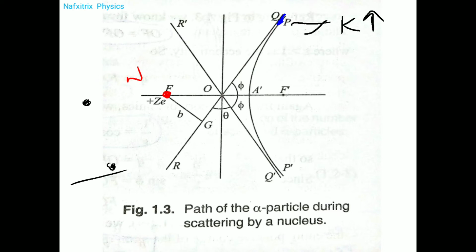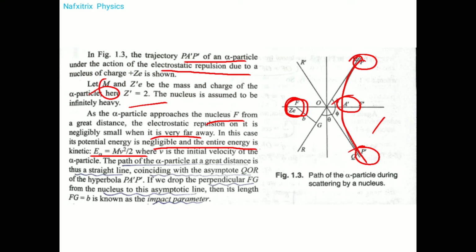Likewise, here the alpha particle is very far away, so its electrostatic potential energy, as opposed to gravitational potential energy here, is negligible. As it is far away from the nucleus, it is not experiencing any repulsive force. So its potential energy is negligible, but kinetic energy is high at this point.